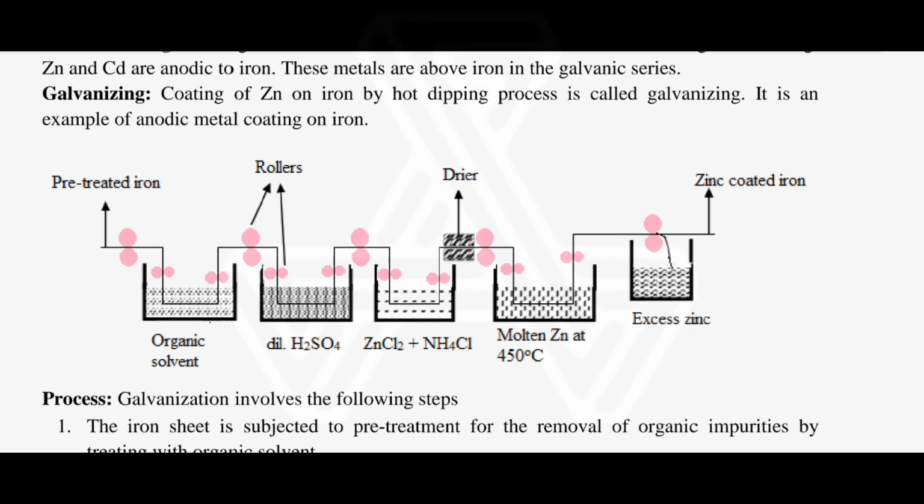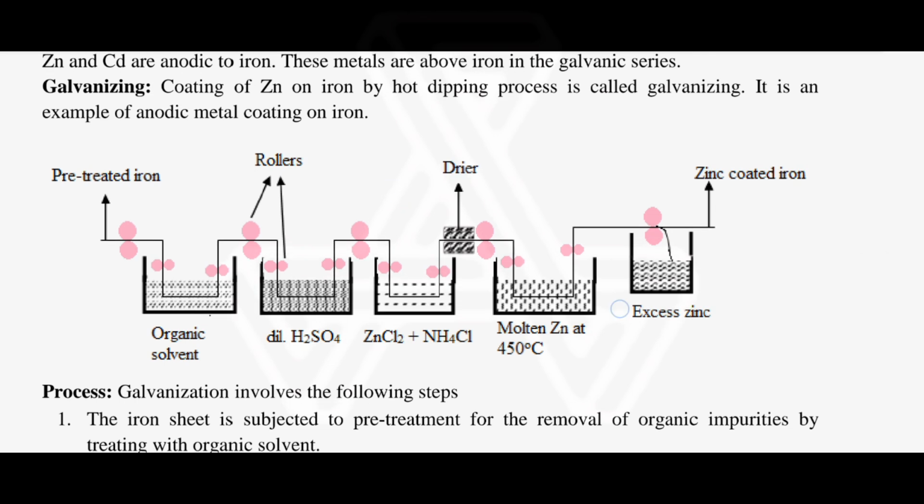Galvanizing. Coating of zinc on iron by the hot dipping process is called galvanizing. It is an example of an anodic metal coating on iron. Pre-treated iron, organic solvent, rollers, dilute H2SO4, zinc chloride plus ammonium chloride, dryer, molten zinc at 450 degrees Celsius, and excess zinc; zinc coated iron will be produced.